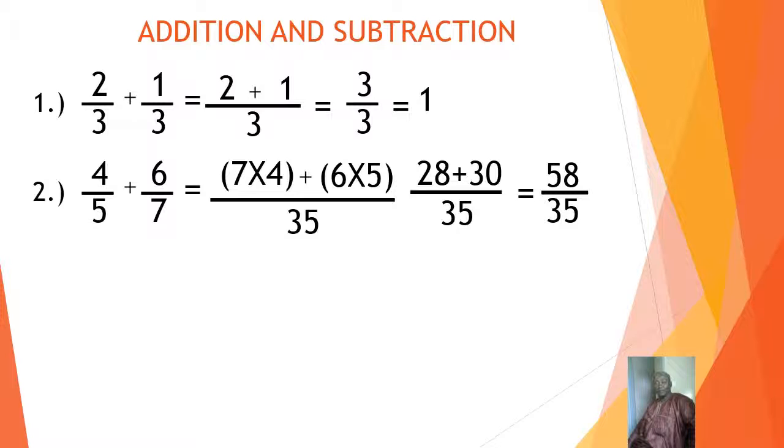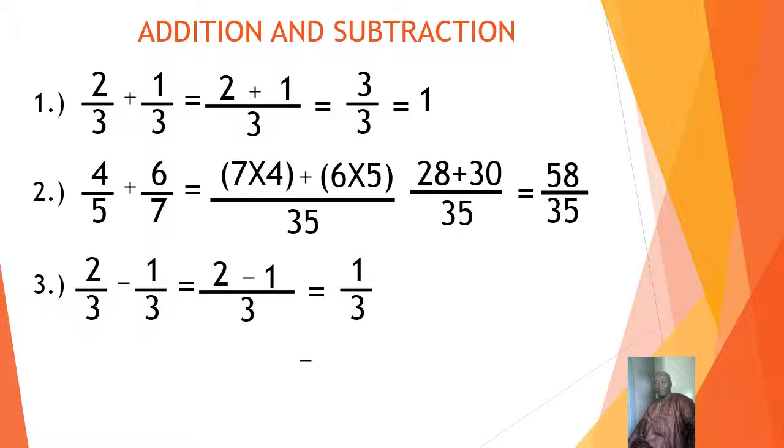Then on the other side, 7 in 35 is 5. The 5 is used to multiply the numerator of 7, which is 6. So by the multiplication of 7 and 4, which will give us 28, and 6 and 5, which will give us 30, the sum would give us 58 over 35. This type of fraction is given as what? An improper fraction.